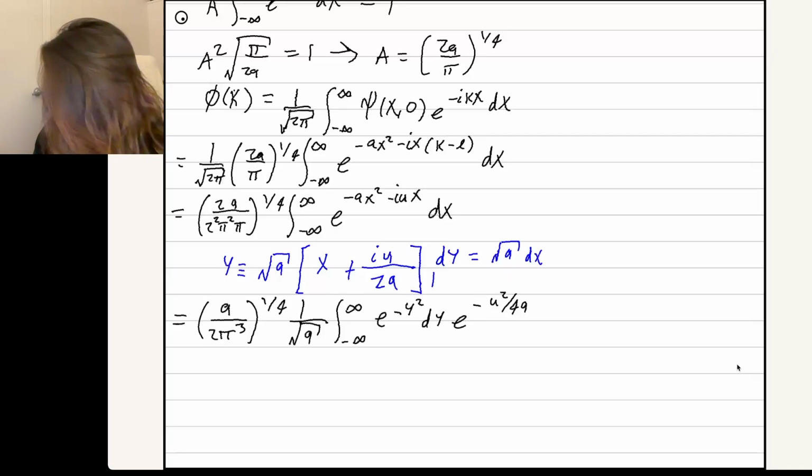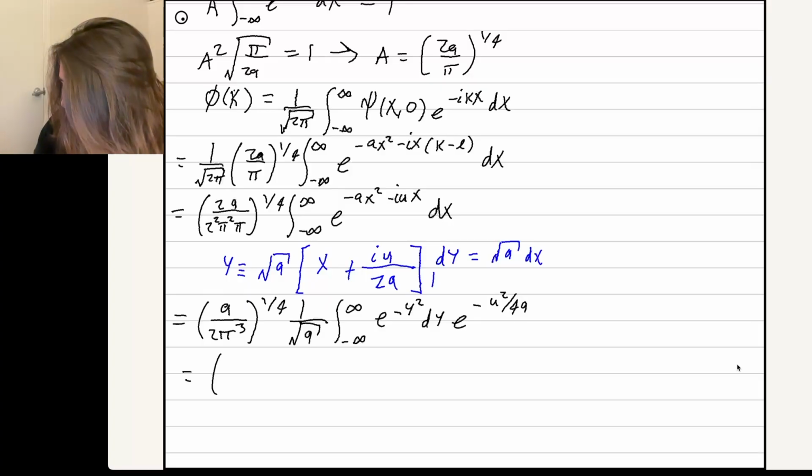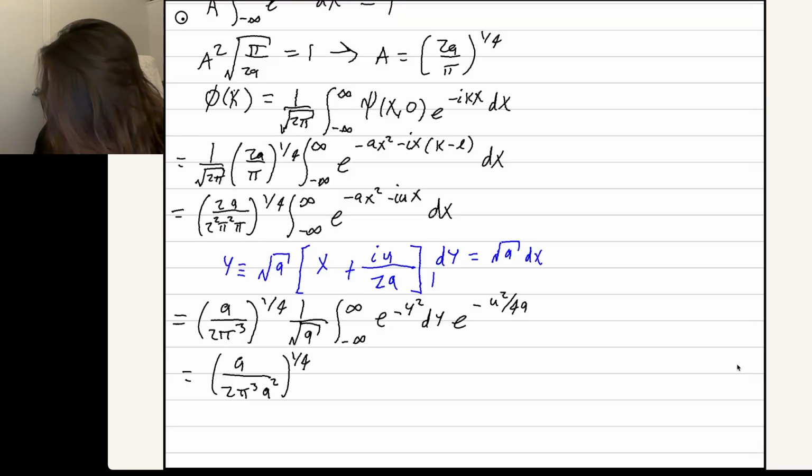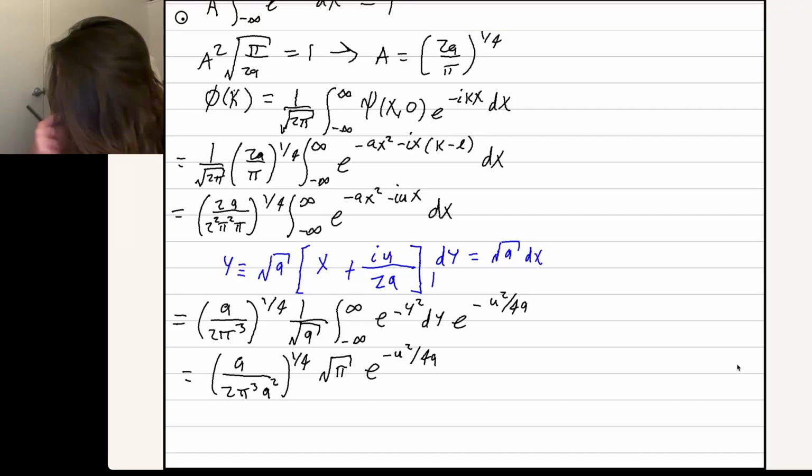All this is just like problem 221. So we can continue to simplify. We've got a up here, but we've also got an a squared down here, moving the radical into the 1/4. And then the result of that integral is just root pi. It's an easy little Gaussian integral. And then we are left with this thing over 4a there.